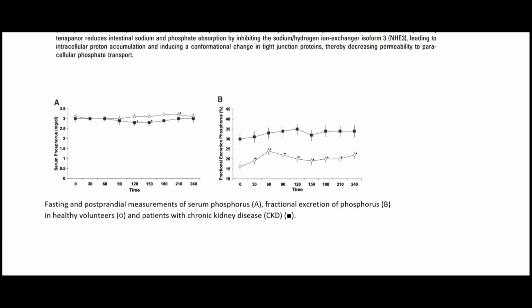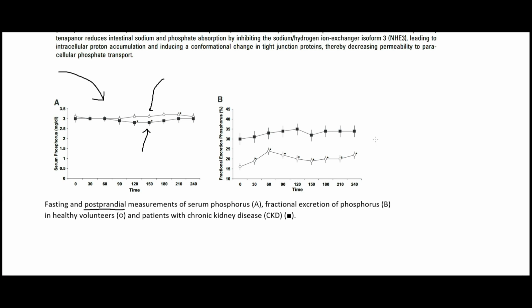So down here, this is looking at chronic kidney disease, which I mentioned above. We see that postprandial, which is just a fancy word for after eating, the serum levels of phosphate are relatively the same in both the healthy and the kidney disease. Healthy is the open circles there, and chronic kidney disease is these closed squares there.